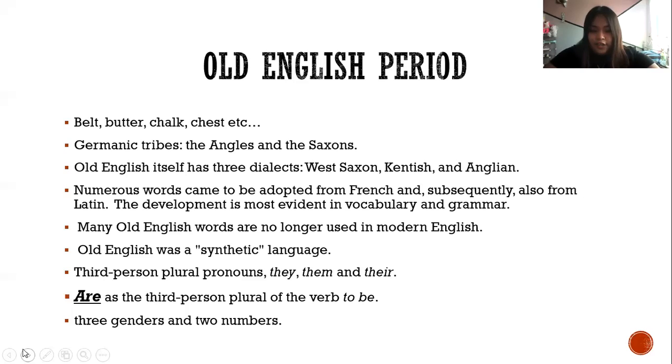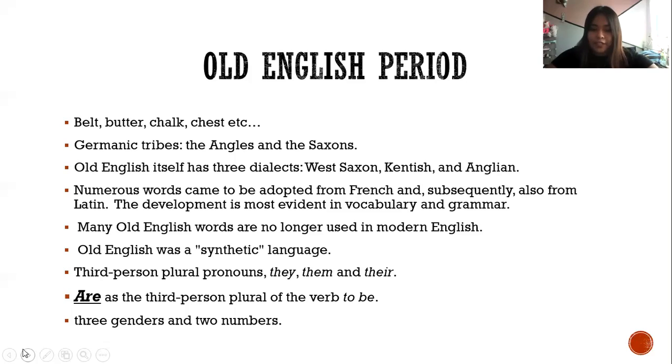The term Anglo-Saxon comes from two Germanic tribes, the Angles and the Saxons. Old English itself has three dialects: West Saxon, Kentish, and Anglian. The family is West Germanic, related to North Germanic with Old Norse.